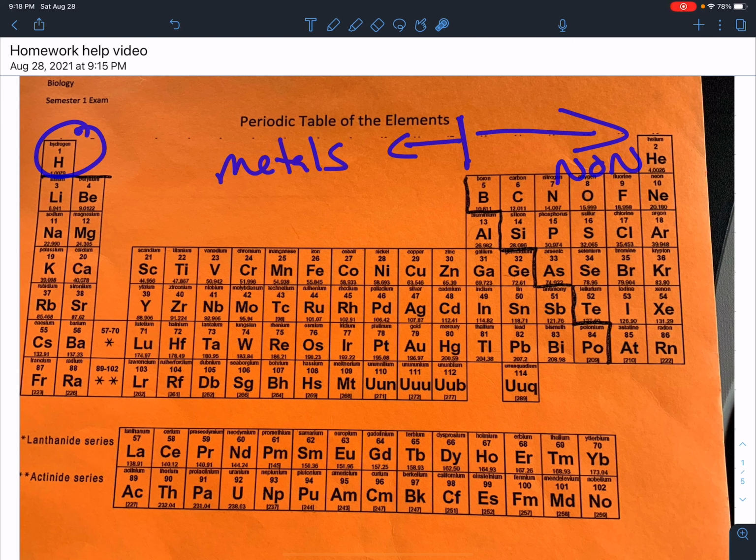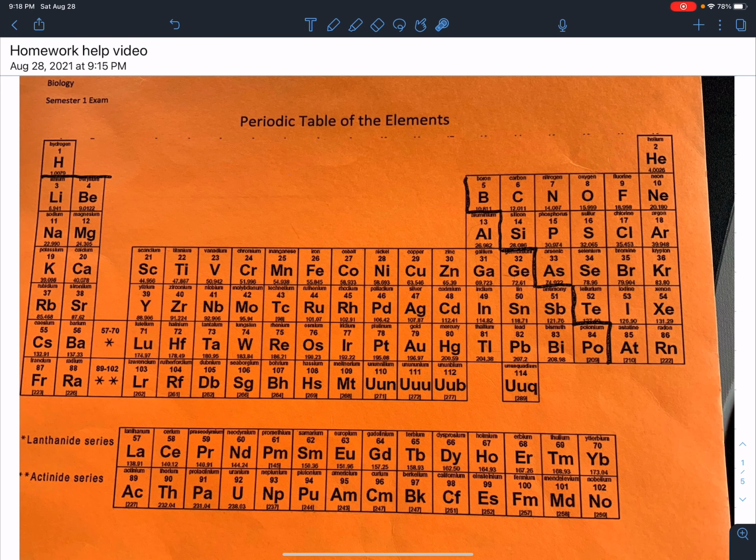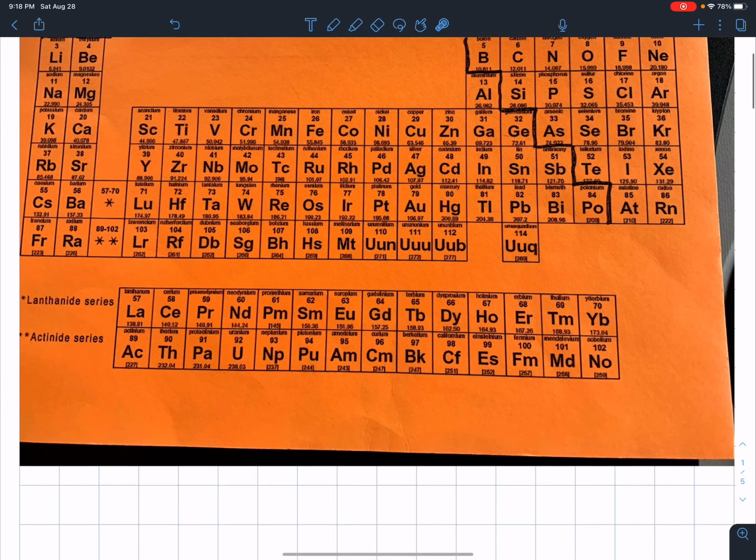This is one exception. Hydrogen is not a metal. So hydrogen is sometimes written over here just to show that it's not a metal, but it's mostly written over here because it behaves like a metal, even though it's a gas. It's not a metal. So those are some basic features about the periodic chart that we talked about in class, and that might help with the homework.